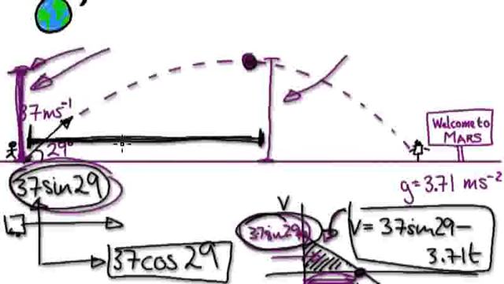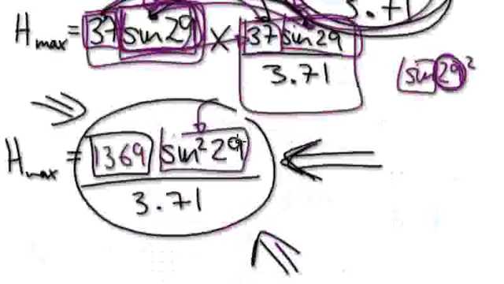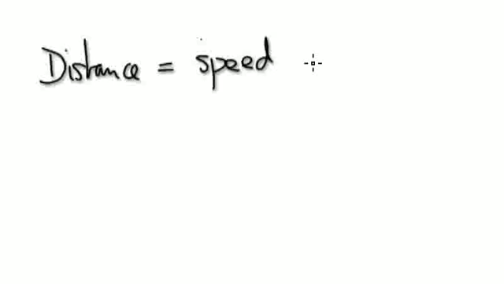Then the distance traveled from here to here will be the time times the speed. So if you want to know the horizontal distance from the start to the maximum height, the distance will be speed times the time.